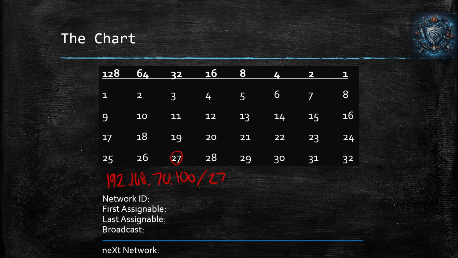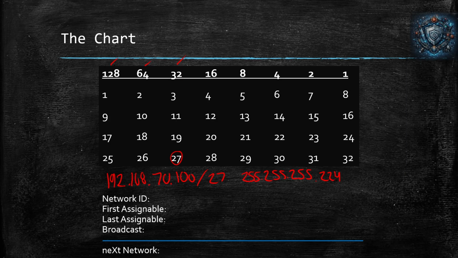If we mark all the bits as used up until the 4th row, we get 255, 255, 255, and then lastly, we take 128 plus 64 plus 32. That gives us 224. And that is our corresponding subnet mask to our /27 CIDR.